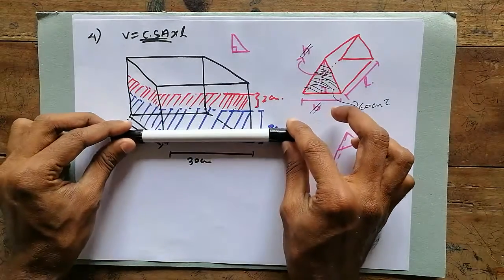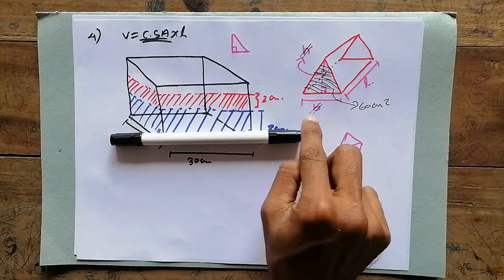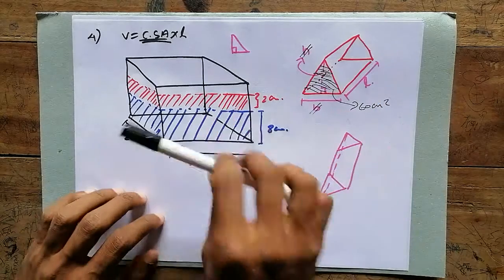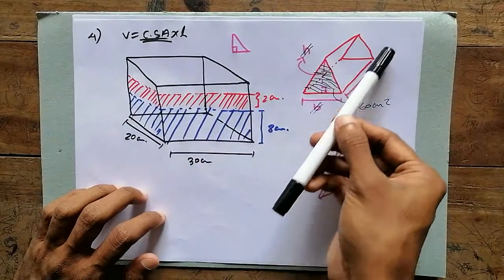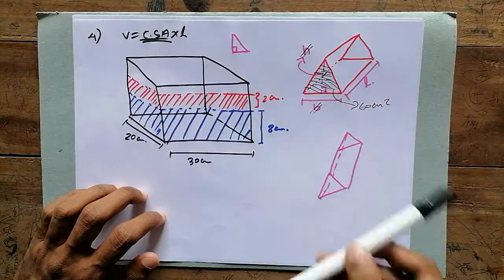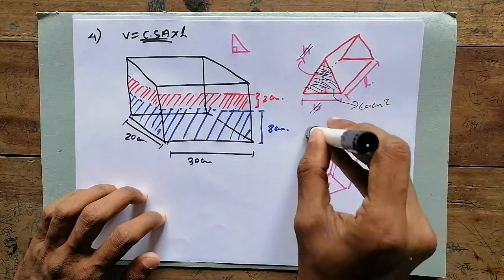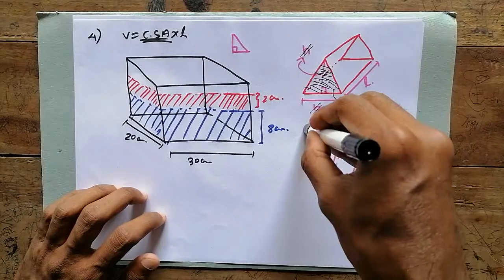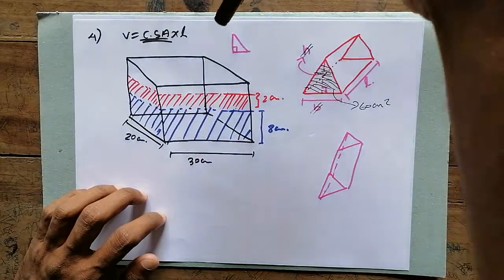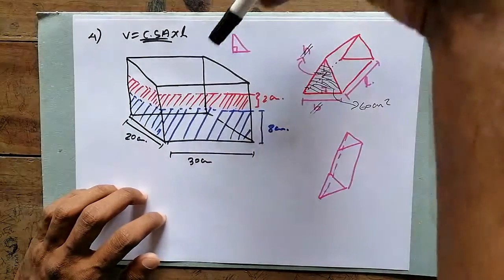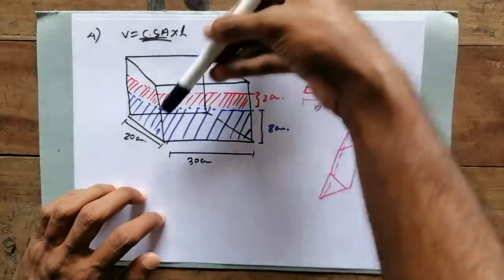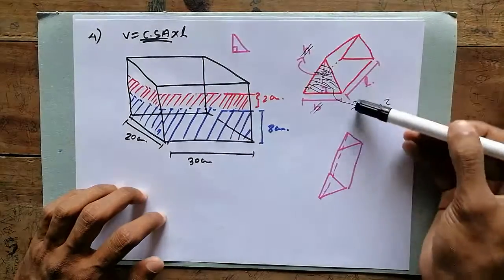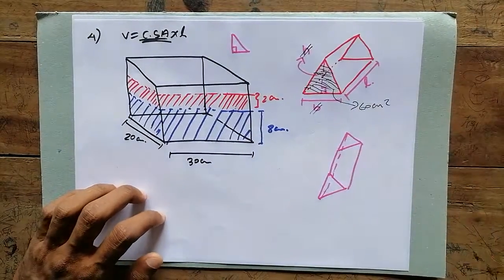If you keep it horizontally, it's called the length. Both are the same. The prism is kept vertically, that's why they mention the word perpendicular height of the prism, the length. Did you get the point?